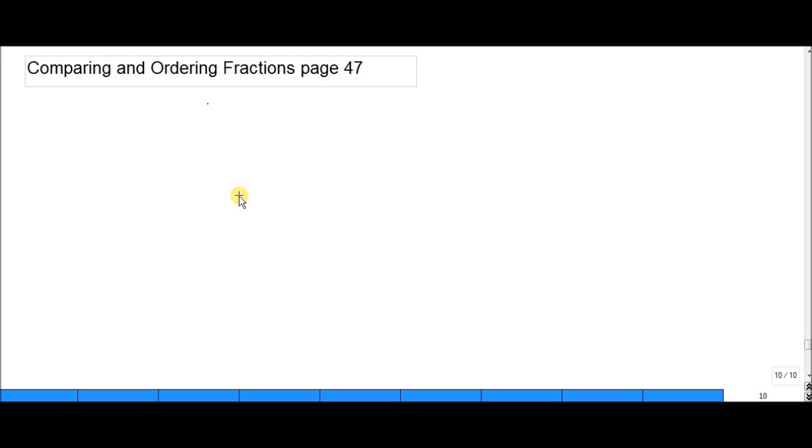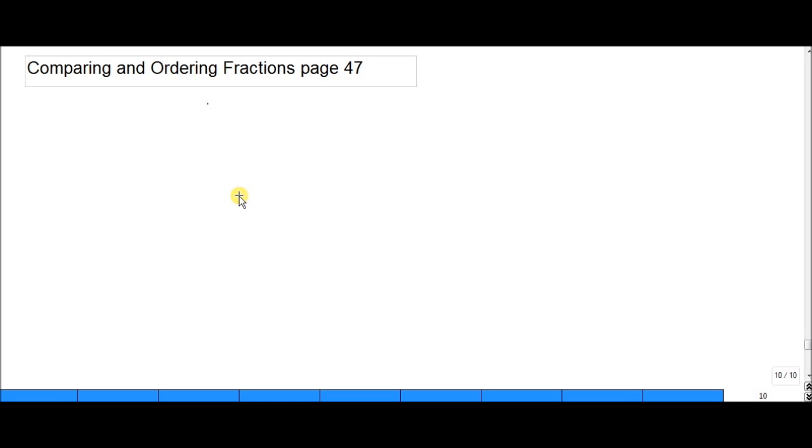we need to do something to 4 to make it into 16, and we could multiply the 4 by 4 to make it into 16, and whatever we multiply the denominator by, we would also need to multiply the numerator by that same number.